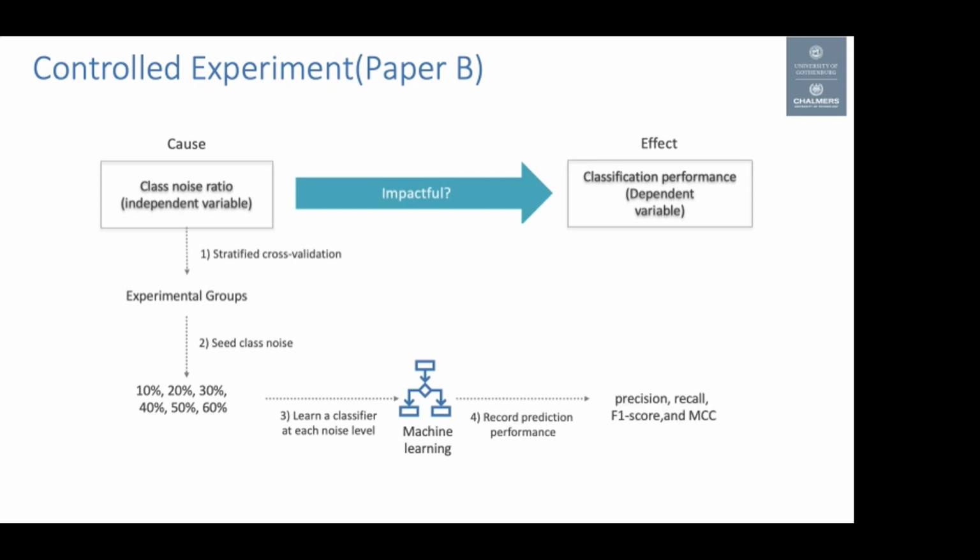And after that, we recorded the performance of the model in MeBoTS in terms of precision, recall, F-score, and Matthews correlation coefficient. And finally, we statistically compared the classification performance scores attained by the model when trained under each of the seeded levels of class noise, and when trained on data that contained no class noise.